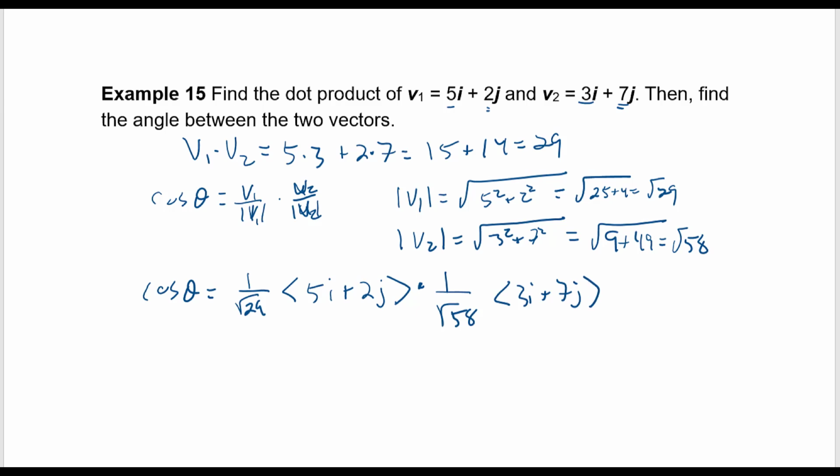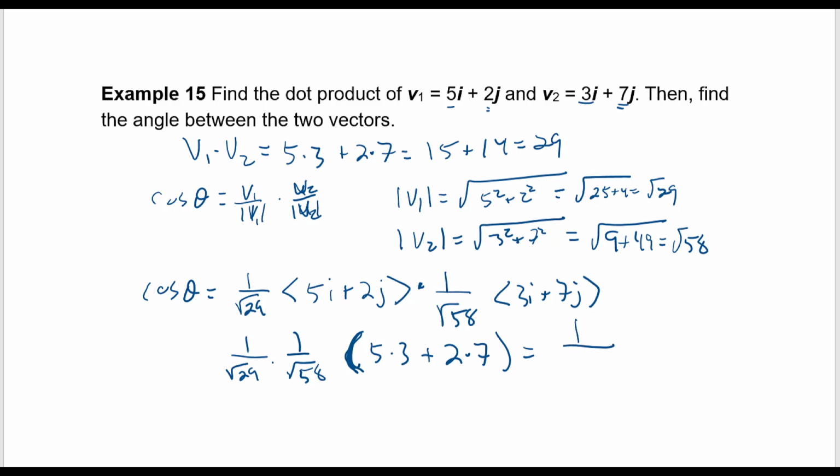I'm not even sure that's the correct notation for this. So I'm going to pull these coefficients out. It's 1 over the square root of 29 times 1 over the square root of 58, times, let's do parentheses, 5 times 3 plus 2 times 7.